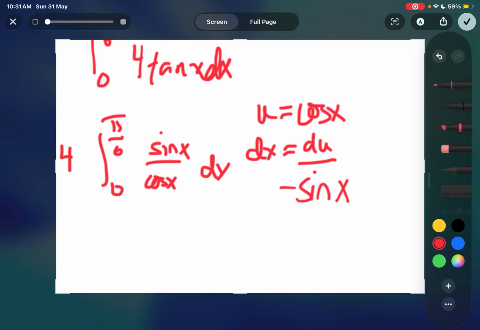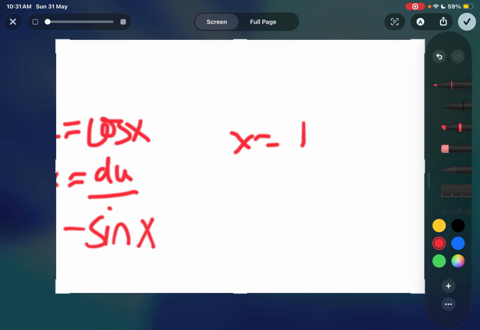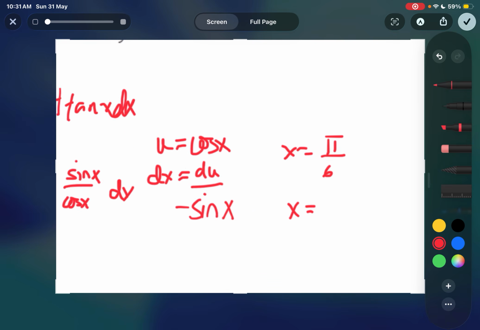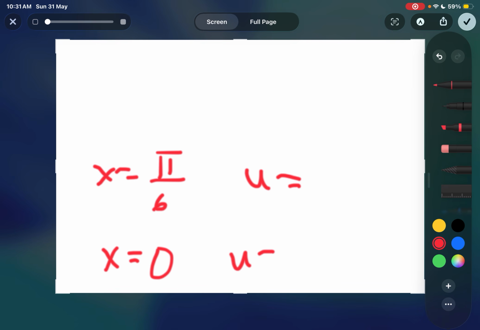So first let's change the boundaries. For x equals pi over 6 and for x equals 0, u will be equal to, so here now, for pi over 6, if you put it in the calculator, it will become, what was it?